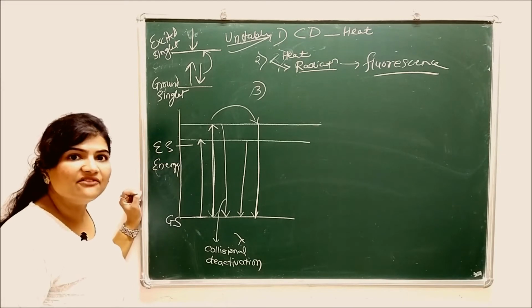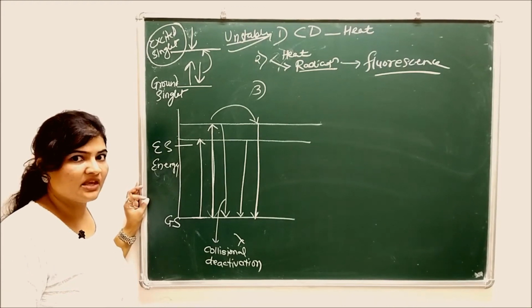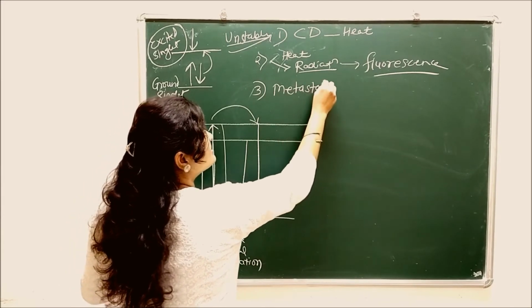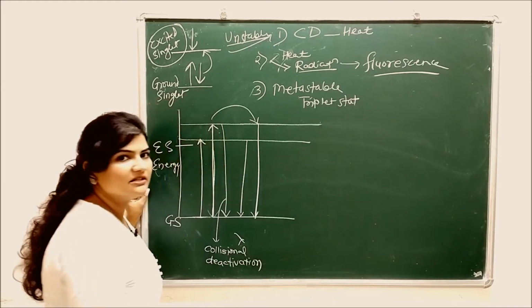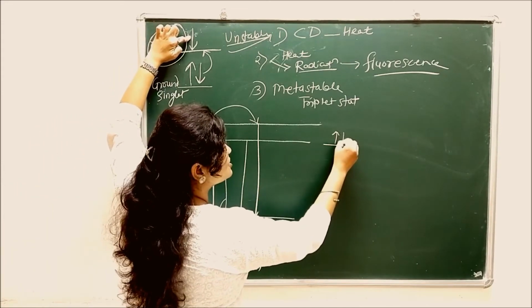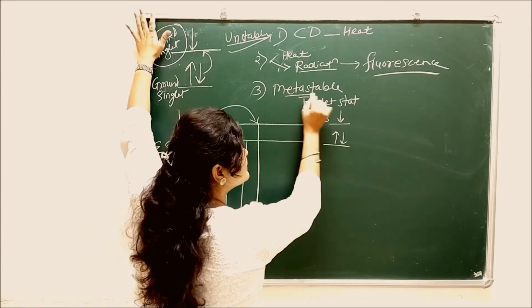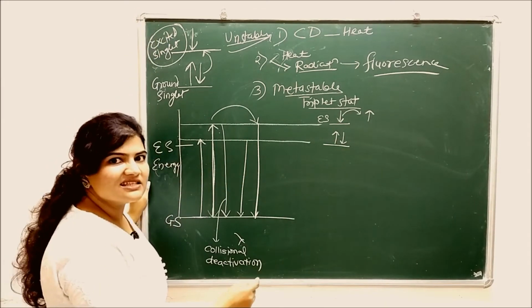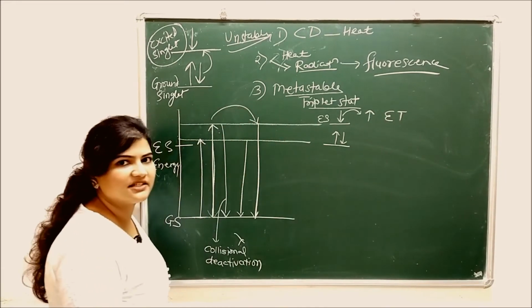Suppose the excited singlet state is comparatively stable, then it can turn into a metastable triplet state. Now what is happening in the excited singlet? This is your ground state configuration. This is your excited state configuration, excited singlet. What happens when it transfers to the metastable triplet state? The spin changes. Once the spin changes, there are two unpaired electrons and you have gone to the excited triplet state.